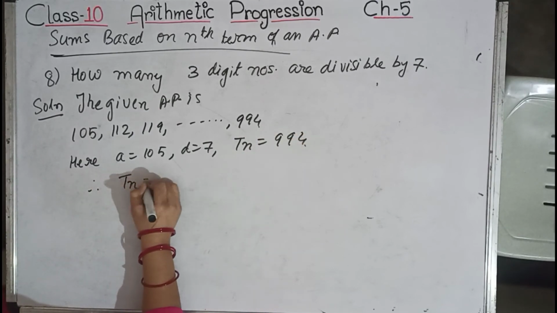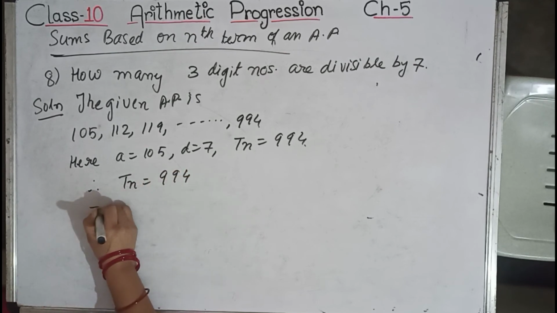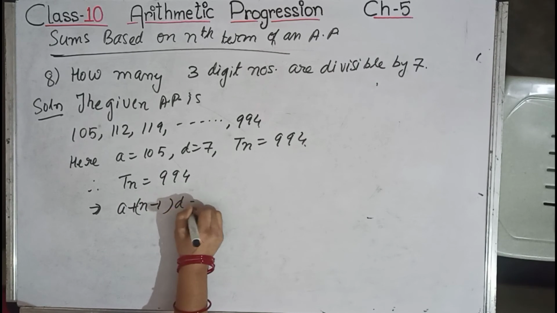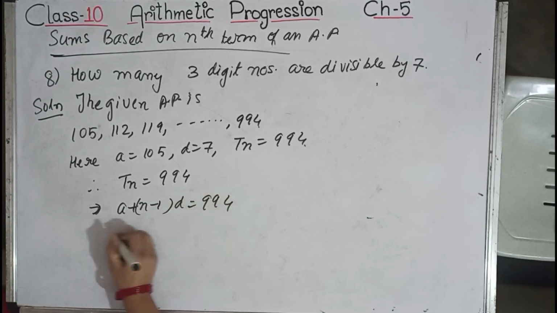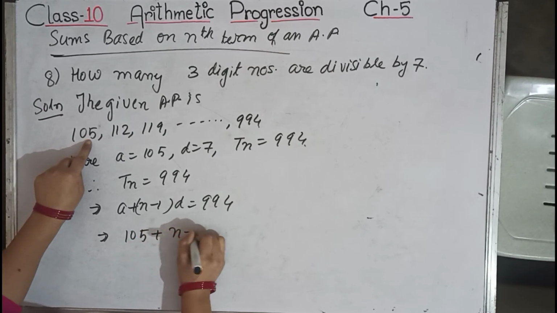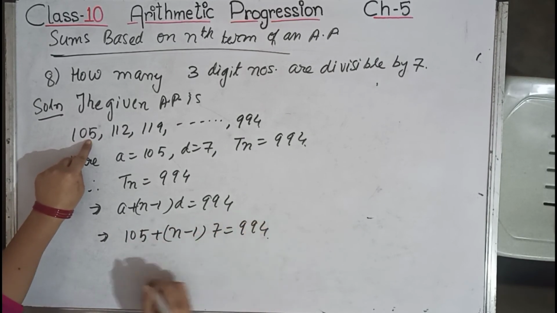Therefore Tn equals 994 implies A plus (n minus 1) into D equals 994 implies 105 plus (n minus 1) into 7 equals 994.